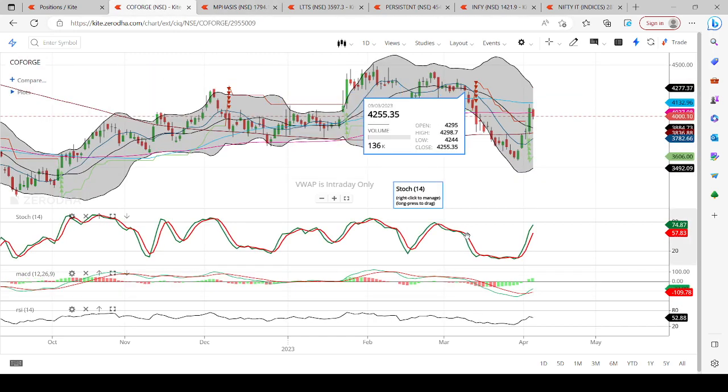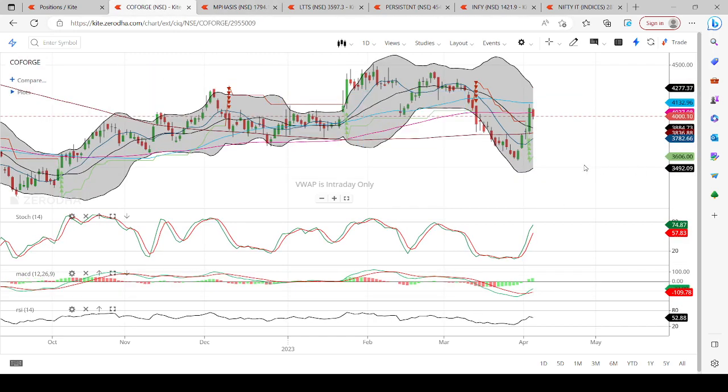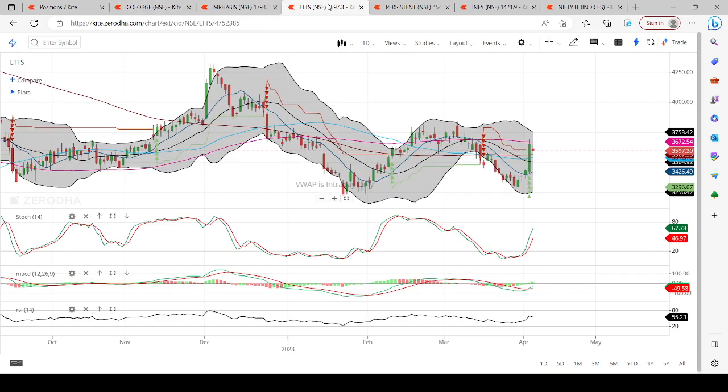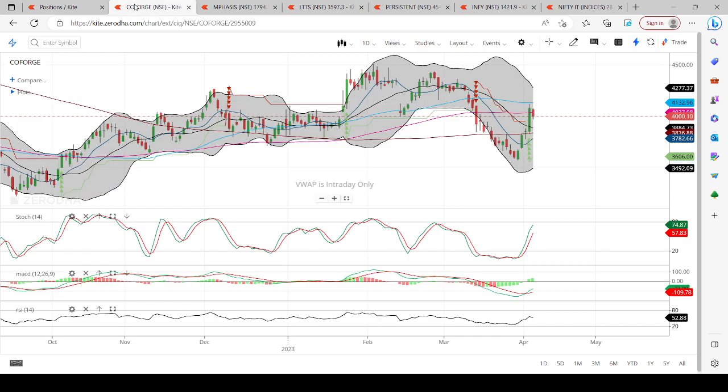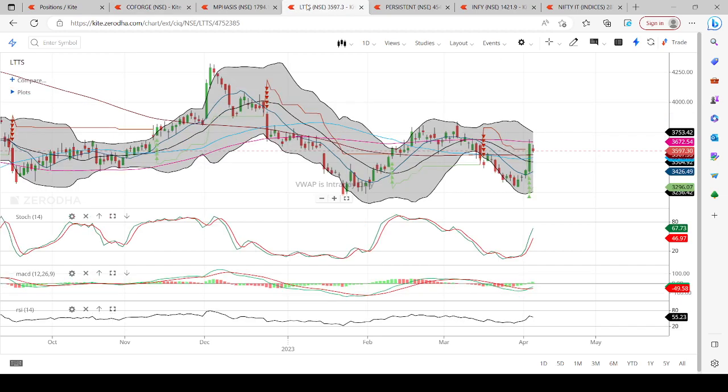Then the last one is Coforge. This is also having a similar chart like LTTS. Look at the chart of LTTS, and I will change now to Coforge. Almost a similar chart, just given a buy signal 2 days back, like the similar one it has given to LTTS.